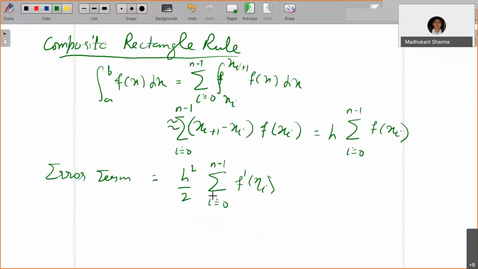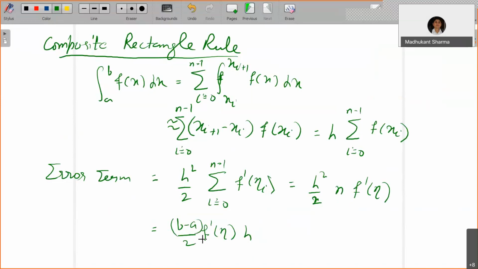Now you use the intermediate value theorem and continuity of f dash. There will be some point eta, so this is equal to h square by 2 times n times f dash at eta. What is n? n is b minus a by h. So that's going to be b minus a by 2 times f dash at eta times h.